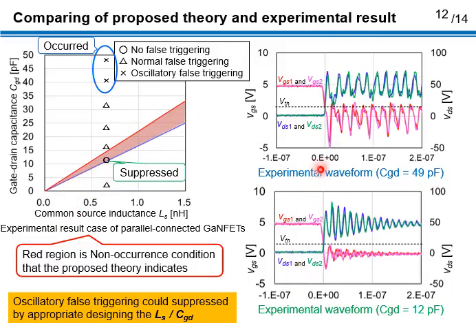Under CGD equal to 49 picofarad, VGS and VDS oscillate in the same phase. Under CGD equal to 12 picofarad, the oscillatory false triggering didn't occur, and the result is consistent with theory. Thereby, we could confirm that oscillatory false triggering can be suppressed by appropriately designing the ratio of LS and CGD.